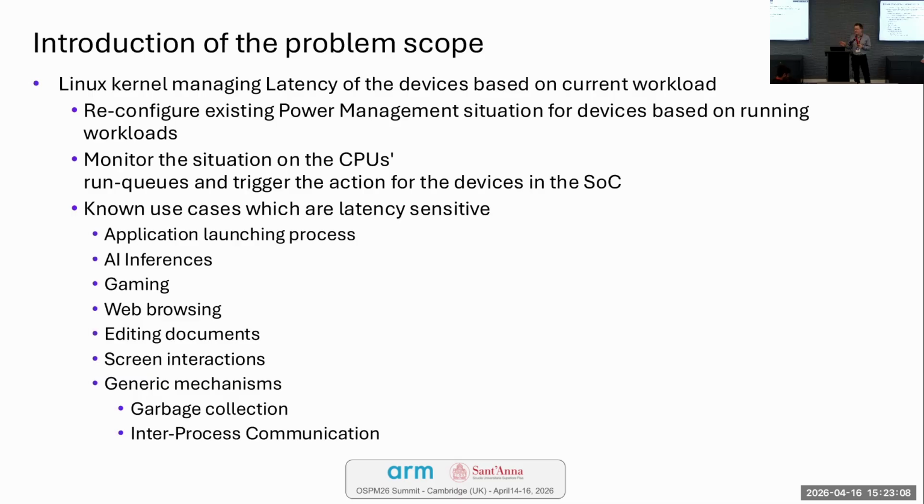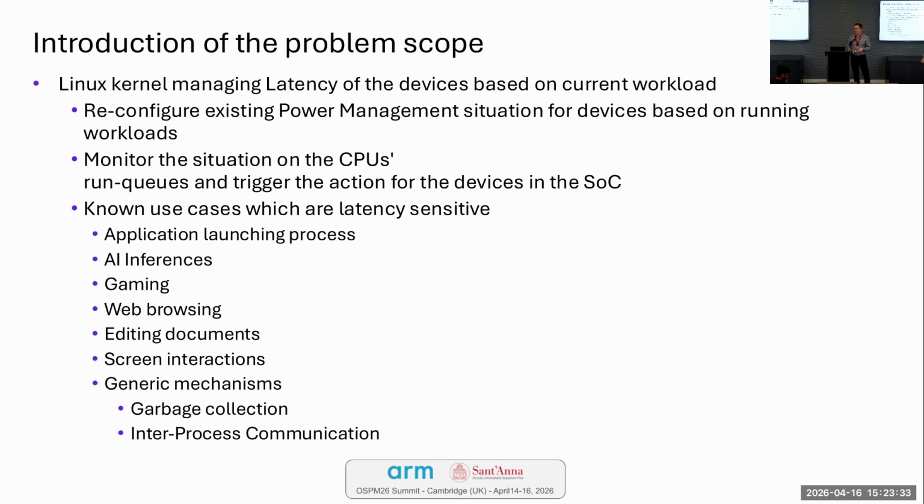This is mainly from the mobile world perspective, and you all know that we have some workloads which are quite sensitive to latency, and we try to monitor the situation. We try to come up with some good, nice policies for that, but we are still missing some hints from the application, I would say.